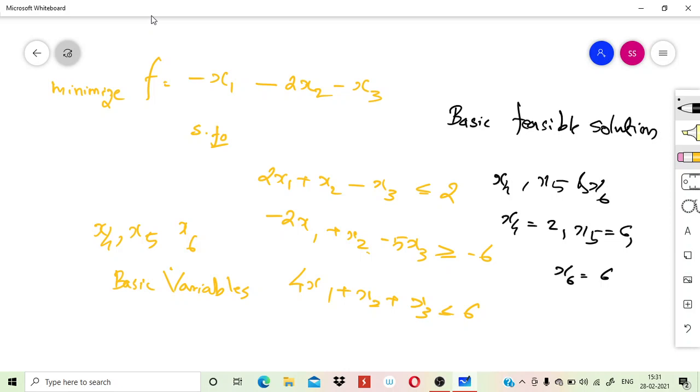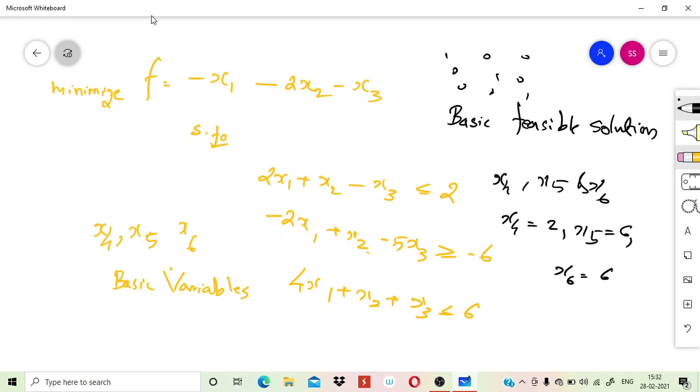Basic feasible solution. So before that we understood that yes, we got the basic feasible solution. Why? Because we got an identity matrix there, 1 0 0, 0 1 0, 0 0 1, like that. We got an identity matrix in the case of slack variables.